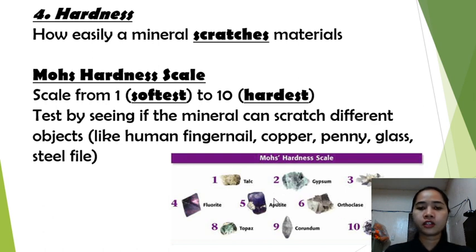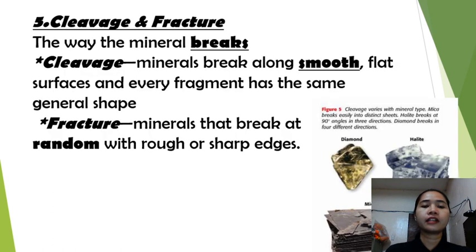This picture shows examples of the different minerals: scale 1 is talc, then gypsum, calcite, fluorite, apatite, orthoclase, quartz, topaz, corundum, and diamond, which is the hardest. Test by seeing if the mineral can scratch different objects like a human fingernail, a copper penny, glass, and a steel file. Let us continue.